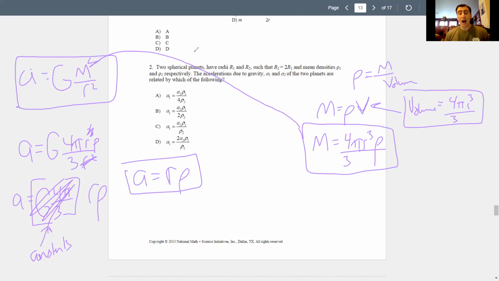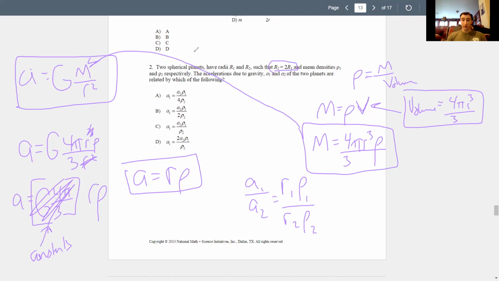All right. So now I'm going to compare these, like a little ratio here. A1 over A2 is equal to, let's look at what A1 would be equal to: radius 1 times the density of 1. A2 would be equal to radius of 2, density of 2. Now what we have to do is keep going here. I know from this thing right here that R2 equals 2 R1.